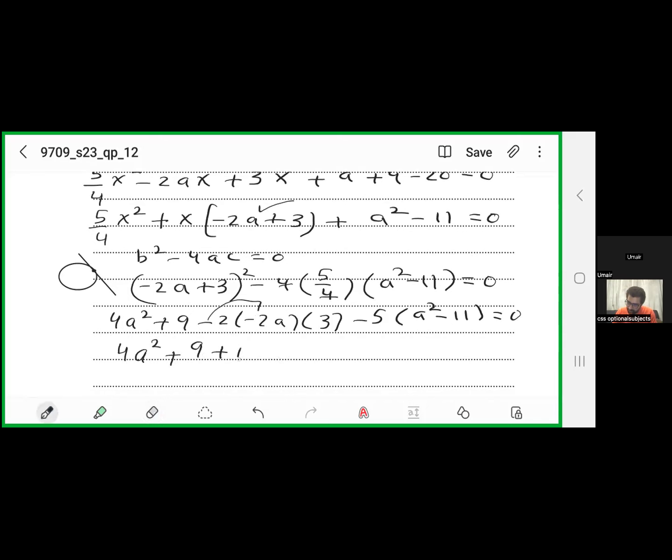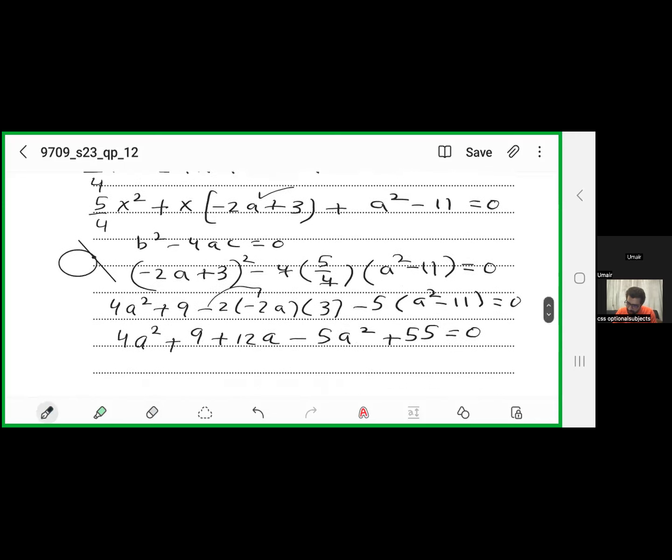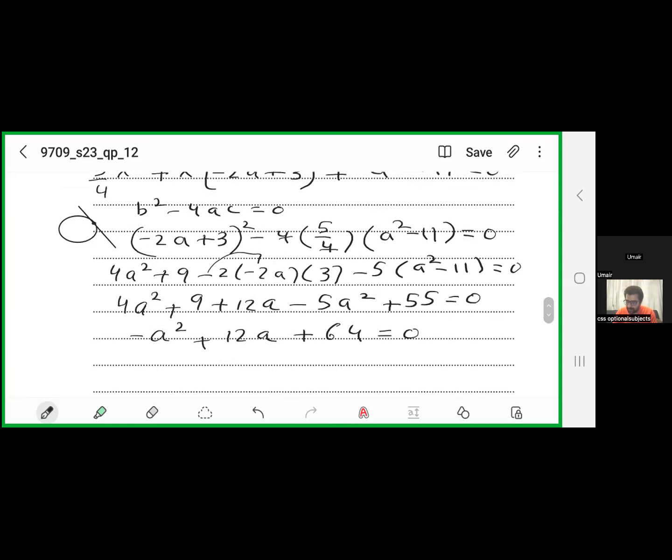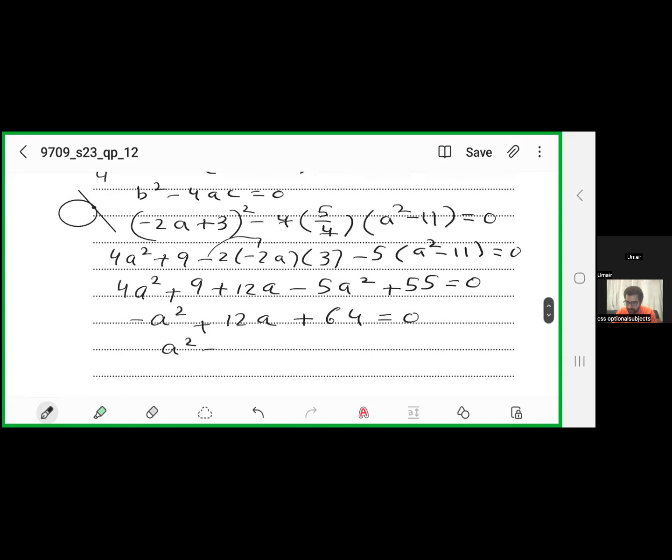Better to do like this. Minus 5a square plus 55 is equal to 0. Now for further working on this, 4a square minus 5a square is minus a square plus 12a plus 64 is equal to 0. Changing the sign of the equation, a square minus 12a minus 64 is equal to 0.